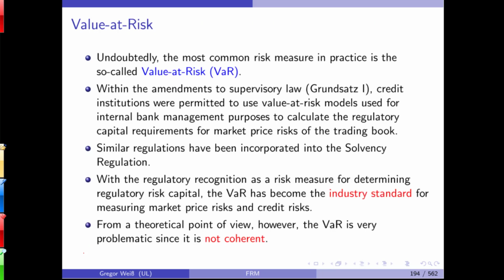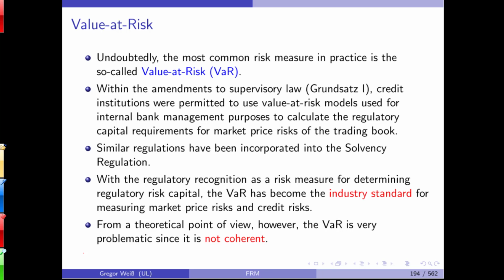So people, banks, and companies came up with the so-called value at risk. And if you remember only one concept from this whole class of risk management, it must be value at risk. What is value at risk? Value at risk came into existence by JP Morgan.